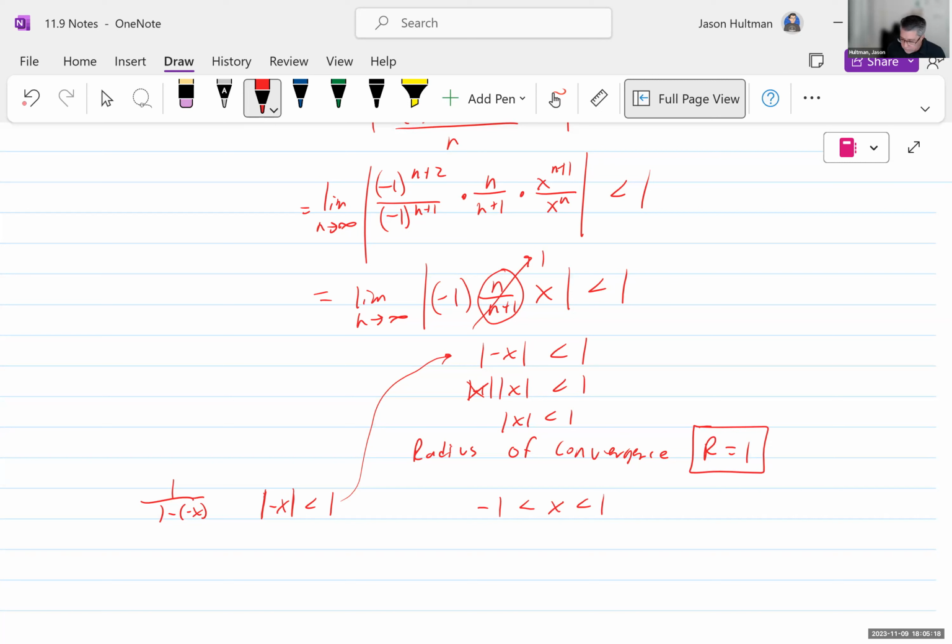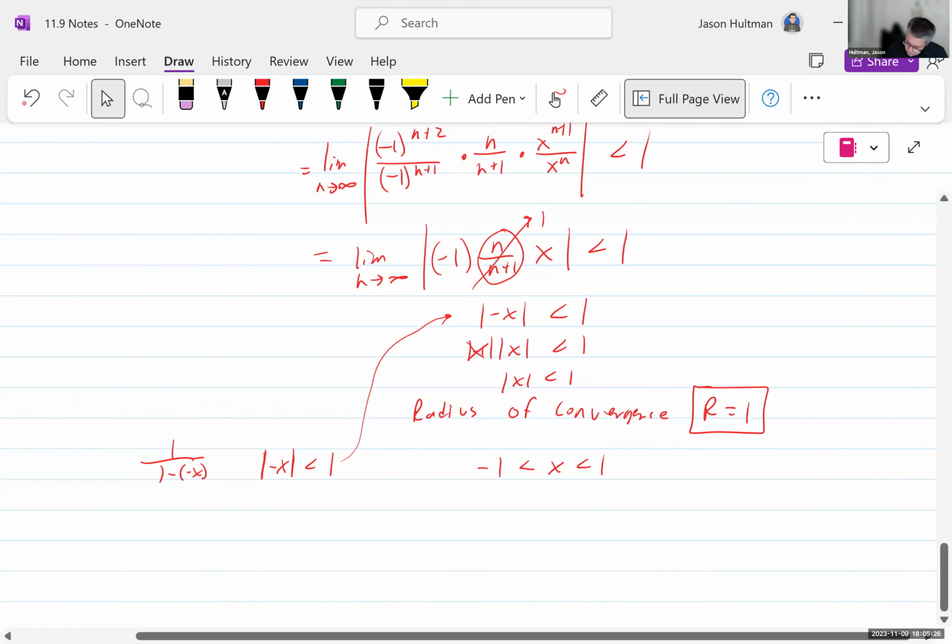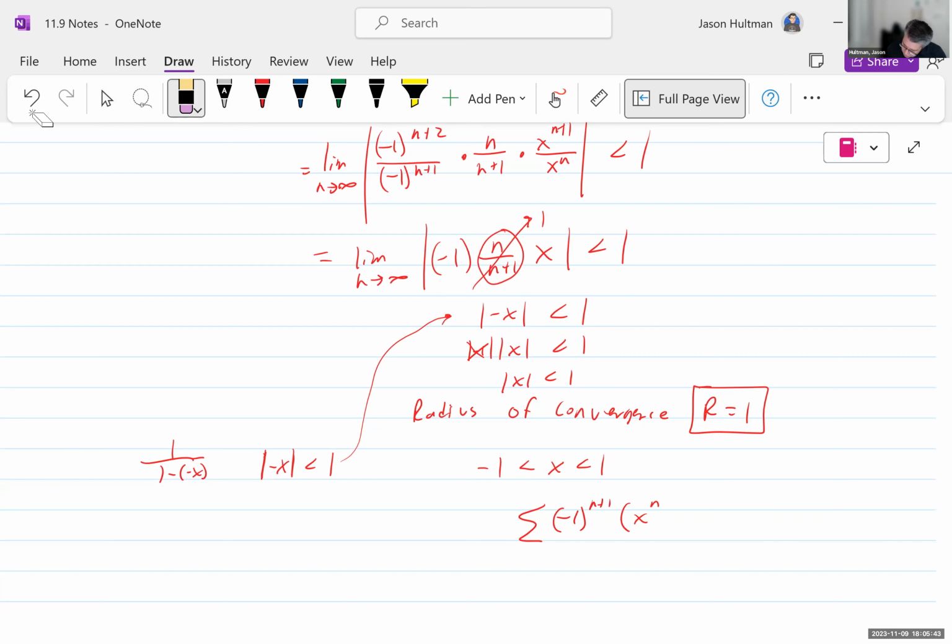And so one of these converges and one of these diverges, because if I plug in, let's just look at the series real quick. -1 to the n plus 1 times x to the n over n, and this is n equals 1 to infinity.